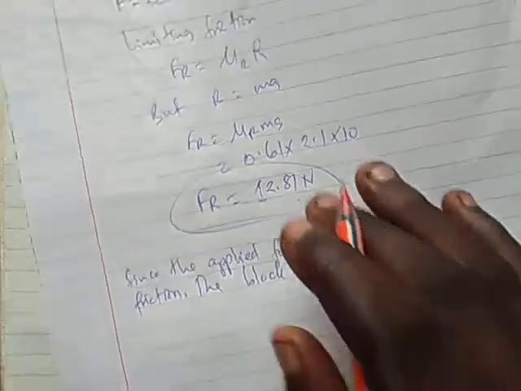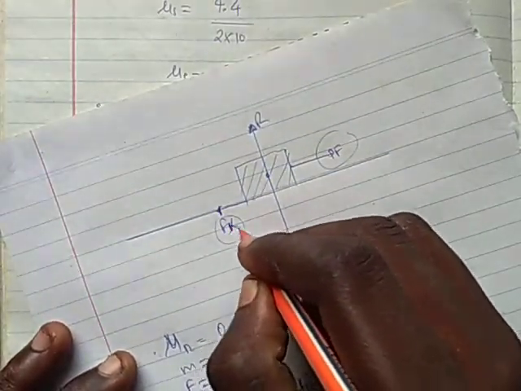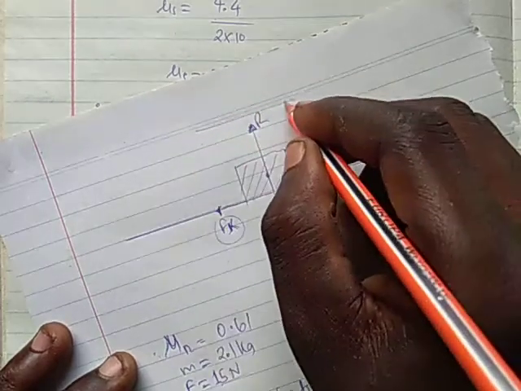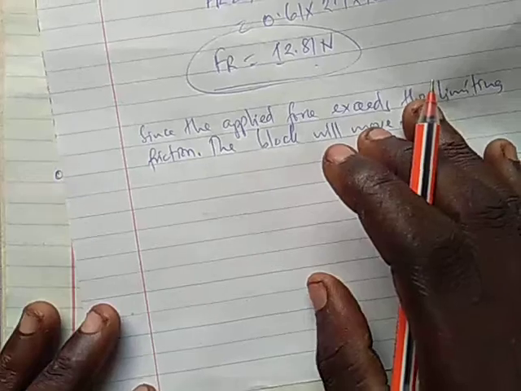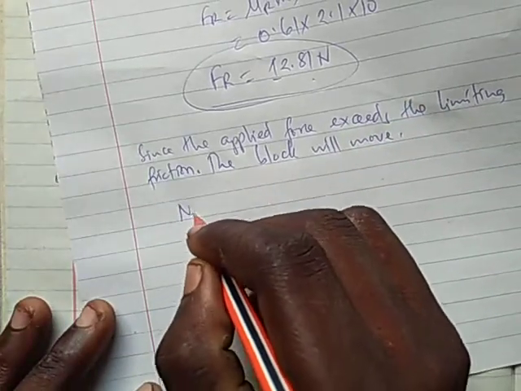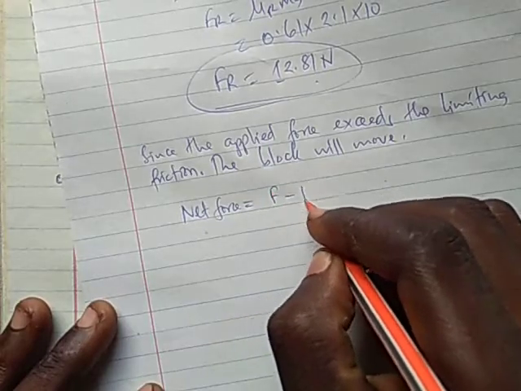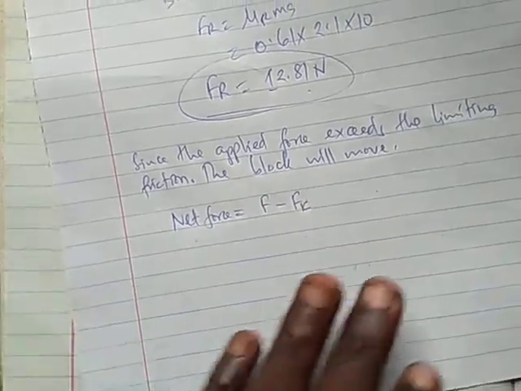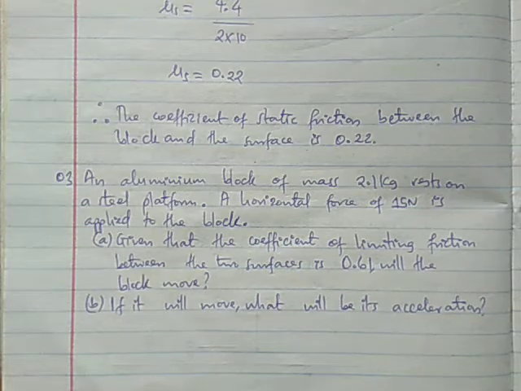Now if the block will move, what will be its acceleration? In this case, the story changes from static to kinetic, and then the block will be moving to this direction with the acceleration A. So remember, I told you that net force will be equal to applied force F minus kinetic friction Fk. But in our question, we are not given the coefficient of kinetic friction.